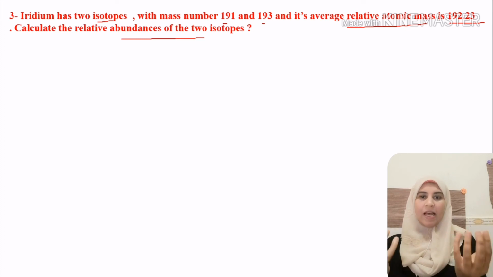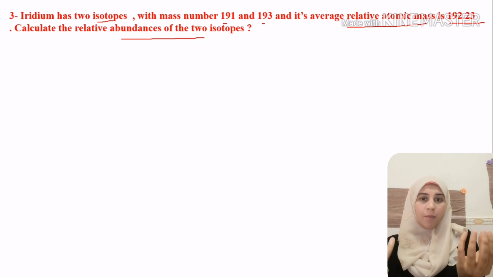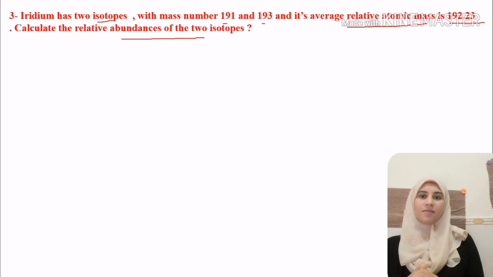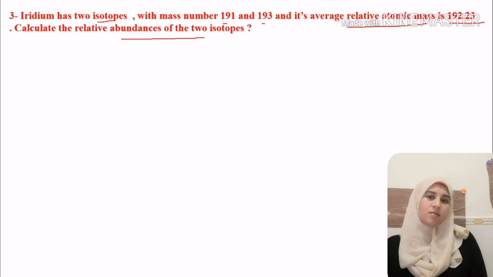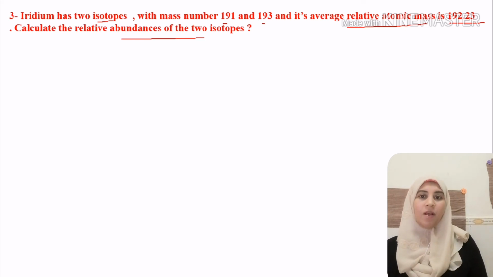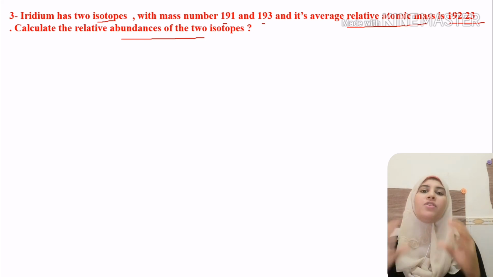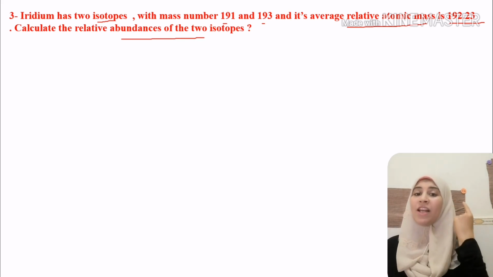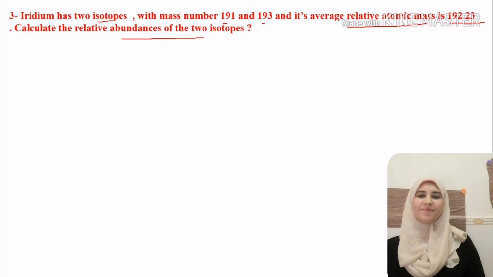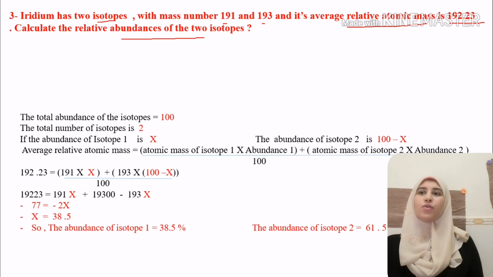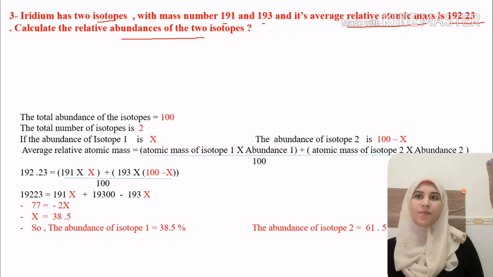I have 2 samples. Both of them are 100. One of them is X. The other one, 100 minus X. Okay? By using only this relation, we can calculate the abundance of the 2 isotopes, because we only have one unknown. Let's start the calculations.